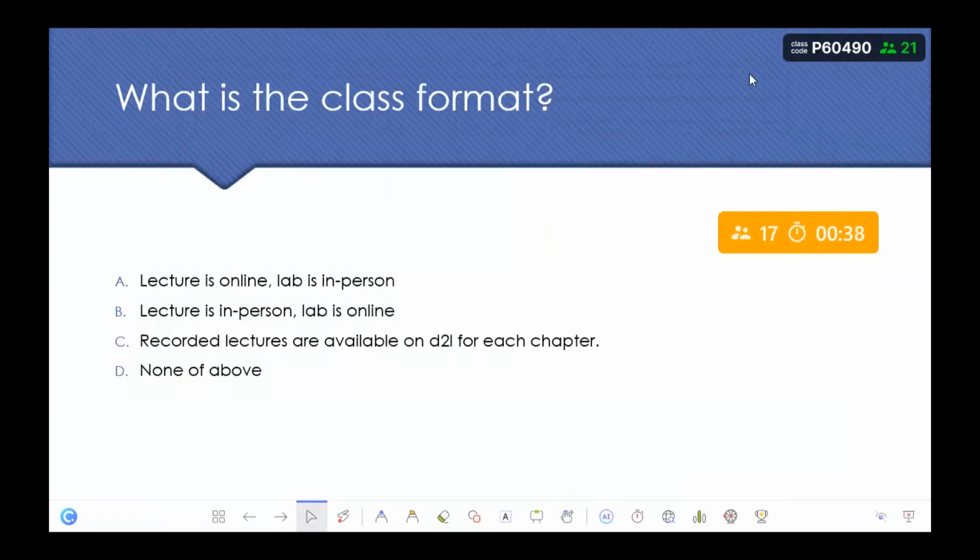Again, this is important. I know I have repeated this a couple of times, but 2 to 3 weeks later, I will receive an email asking why we are not having online lab. This is not an online lab class. So 5 seconds. I am closing.